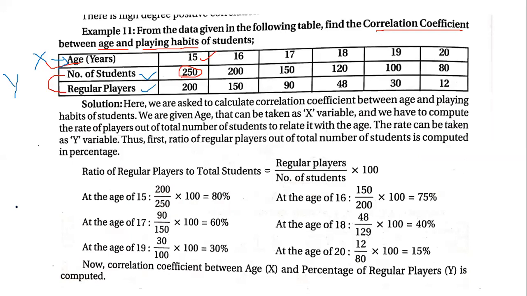Out of 15 marks, if I keep a test and you score 10 marks, how do you find the percentage? Multiply this with 100. You will get the percentage. So what is the total marks and how much you have scored? Same formula we are using here. Out of total number of students in the class, how many of them are playing. So that is the calculation.